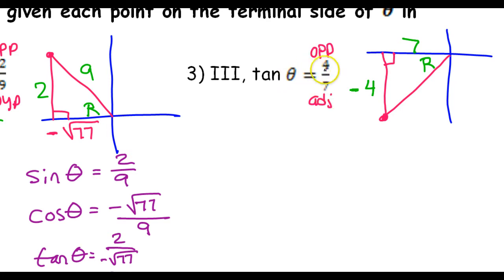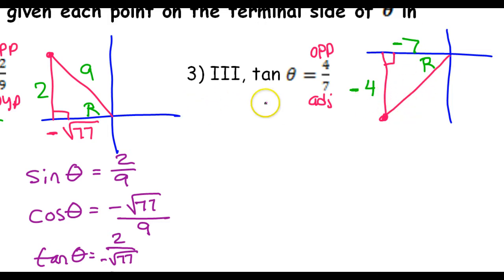That's because a negative divided by a negative is a positive, but this is a negative 4 because it's going down. Similarly, this 7 should be a negative 7 because it's going to the left. So I can use the reference angle and get away with it, but only if I label these correctly with the proper sign. Okay, anyway, let's find the hypotenuse, which will always be positive.